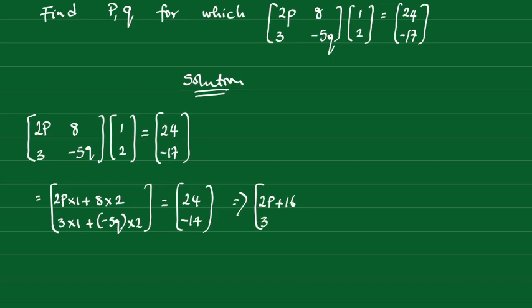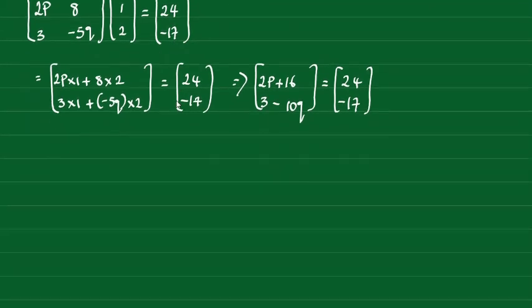Then we'll have minus 5q times 2, which ends up giving us minus 10q), all equal to (24; -17). Now, in order for us to solve for that, we equate our terms to their value.